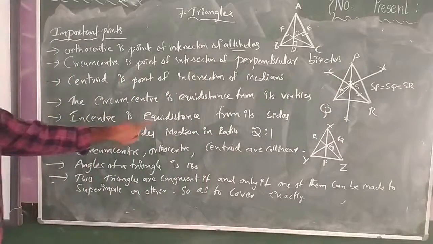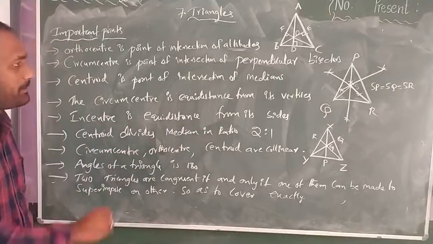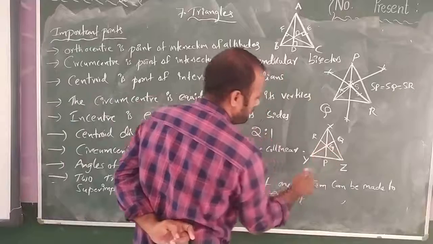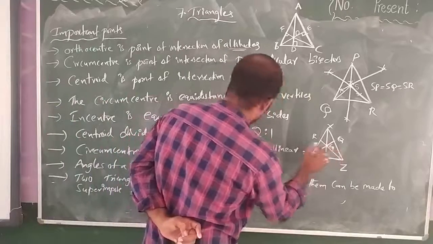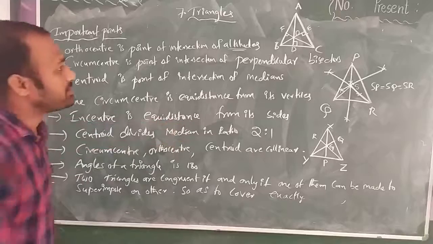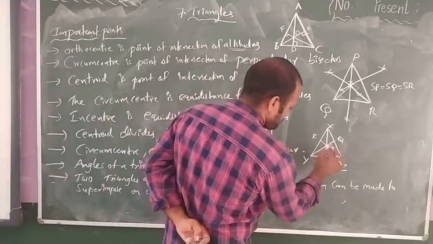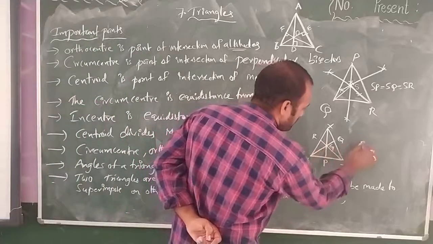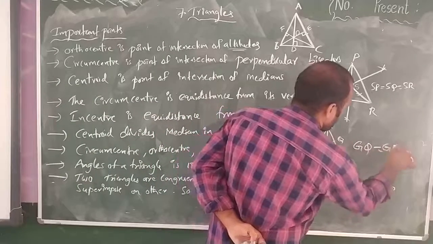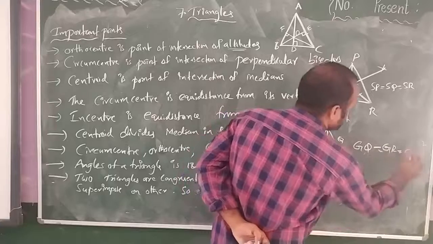Next, the incenter is equidistant from its sides. So if the incenter is equidistant from its sides, here GQ is equal to GR is equal to GP.